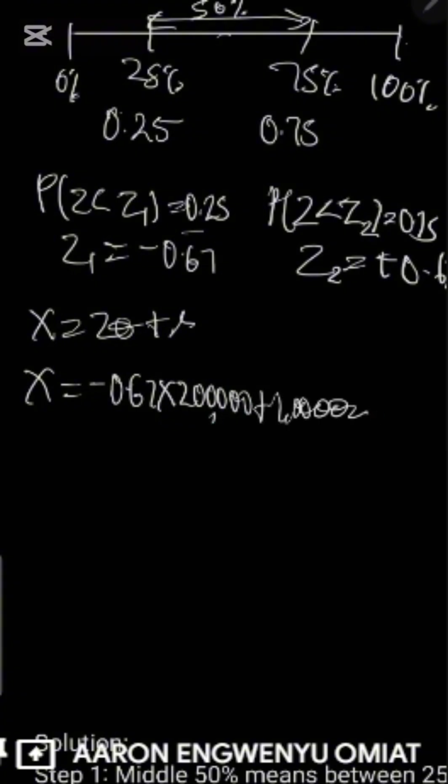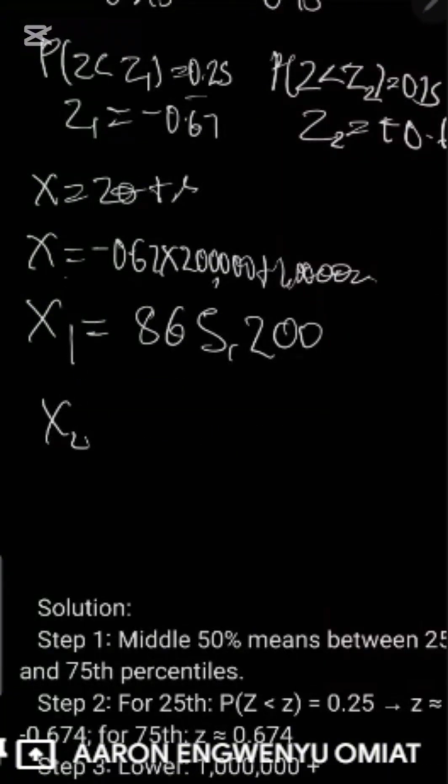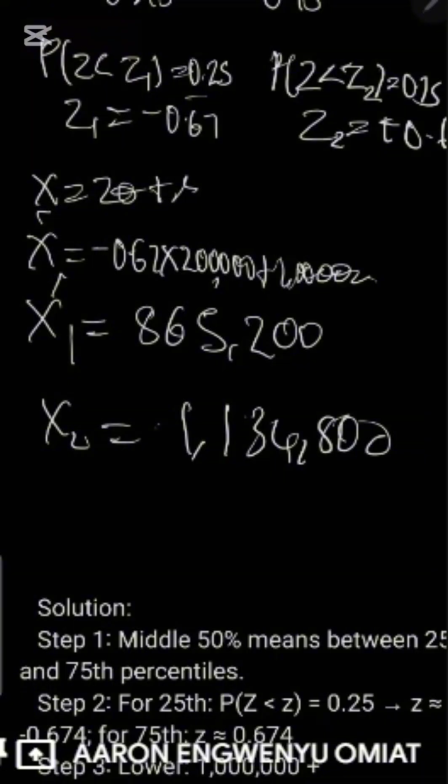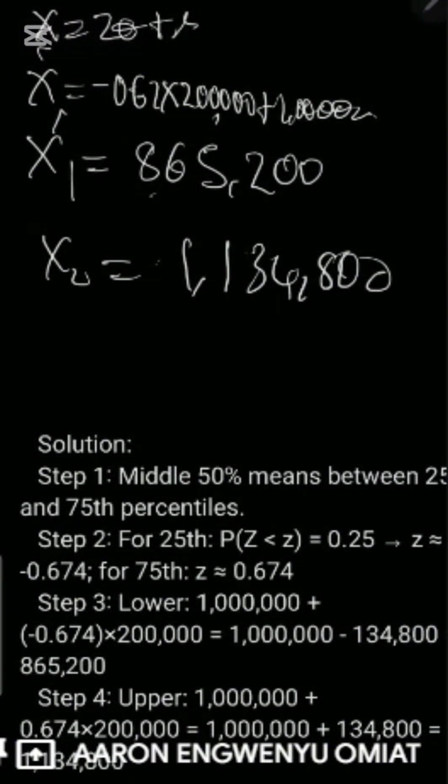If we work this out, our X1 ends up being 865,200. If we do the same for Z2, our X2 ends up being 1,134,800 shillings. So that means the middle 50% lies between 865,000 and 1,134,000 incomes.